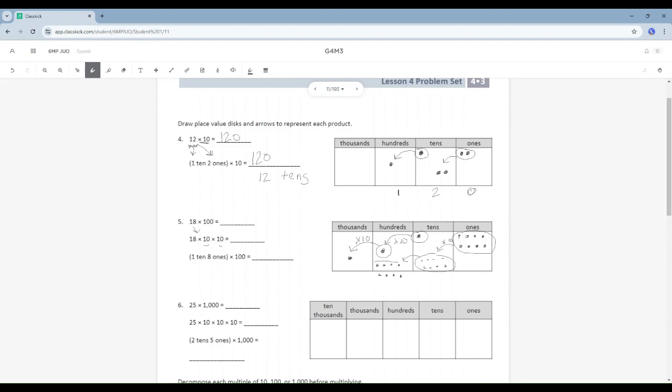So what do I end up with? Well, I have 1 in my thousands, 8 in my hundreds. I have no tens anymore because I shifted them all out of the tens place, and I don't have any ones to make 1,800. So 18 times 10 would be 180, times 10 would make 1,800, which really means I have 18 hundreds.